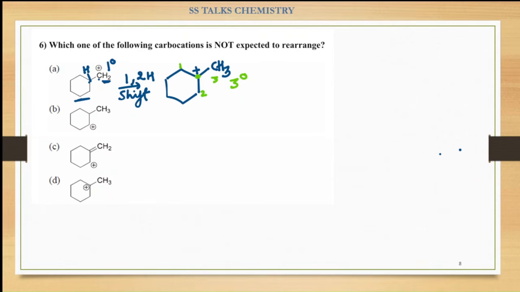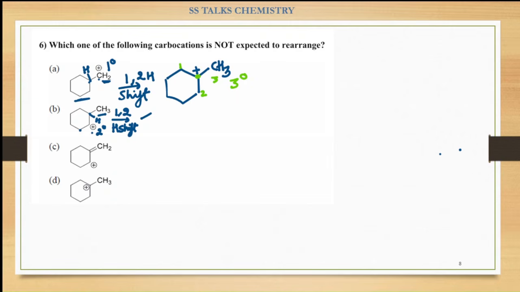Next molecule: here is the methyl group and the positive charge is present over here. This carbocation is a secondary carbocation, because the carbon bearing the positive charge is further attached to 2 carbon centers. Now if I do the rearrangement, the hydrogen atom present on this side can undergo a 1,2 hydride shift.